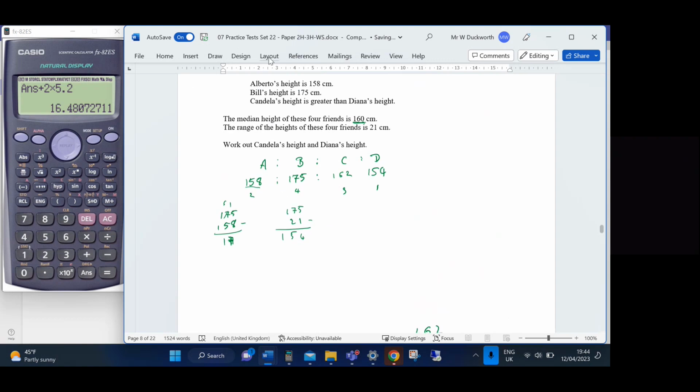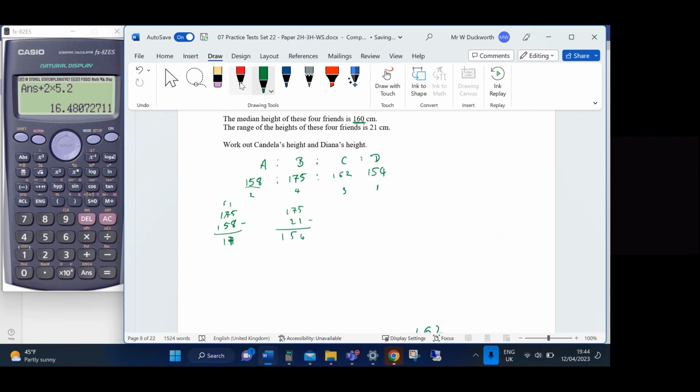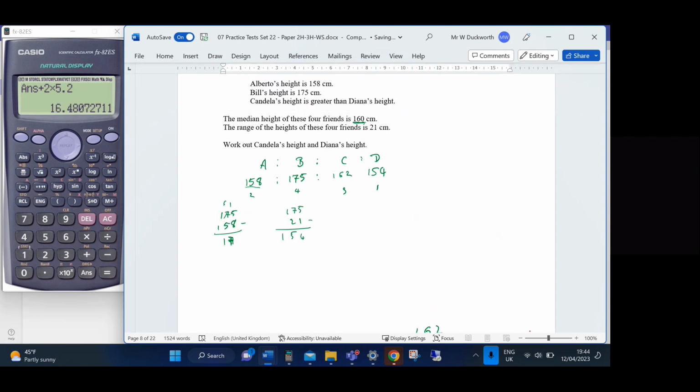Right, so if we go to the mark scheme for that, we have M1 for a method to find Candela's height, so we go M1 there.